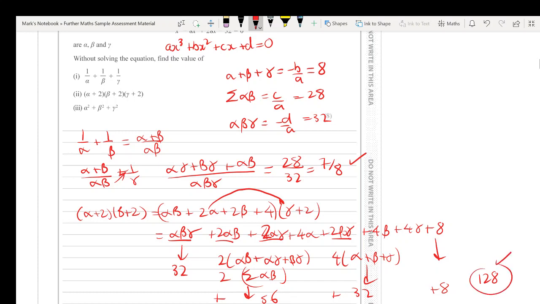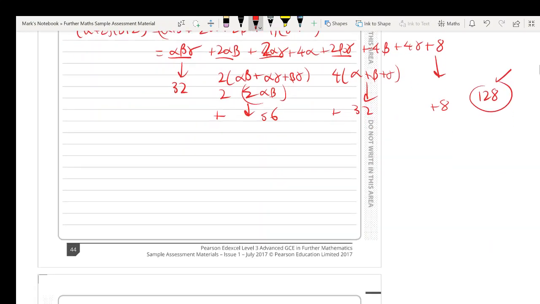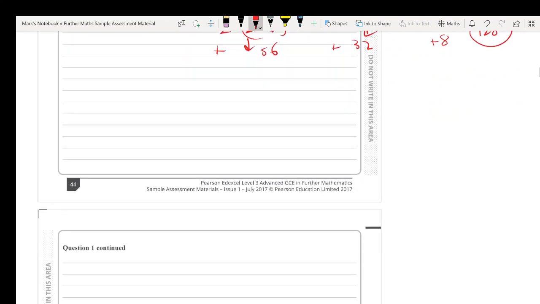Okay, and the last one, alpha squared plus beta squared plus gamma squared, well that can be constructed by squaring alpha plus beta plus gamma. So I'm going to do that on another page. Here we go. So if we square alpha plus beta plus gamma, we'll get quite a few terms, one of which will be what we want. We're going to expand this out, and that will give us alpha times alpha plus beta plus gamma, and so on.